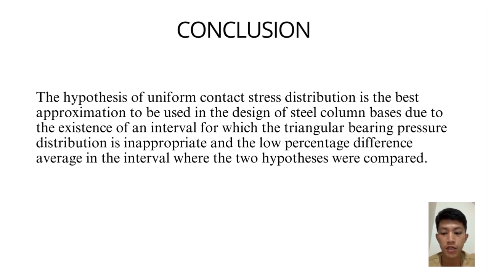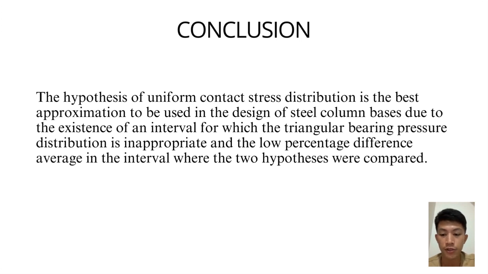This hypothesis assumes that the pressure distribution between the base plate and the concrete foundation is uniform, which means the load is distributed evenly over the entire contact area. According to the hypothesis, this assumption is the best approximation to be used in the design of steel column bases because there is an interval where the triangular bearing pressure distribution is inappropriate.